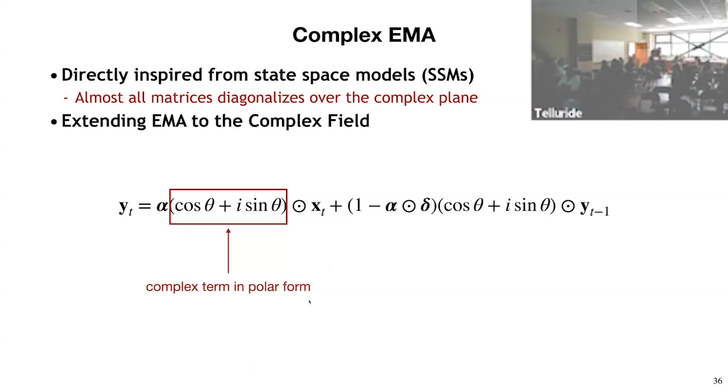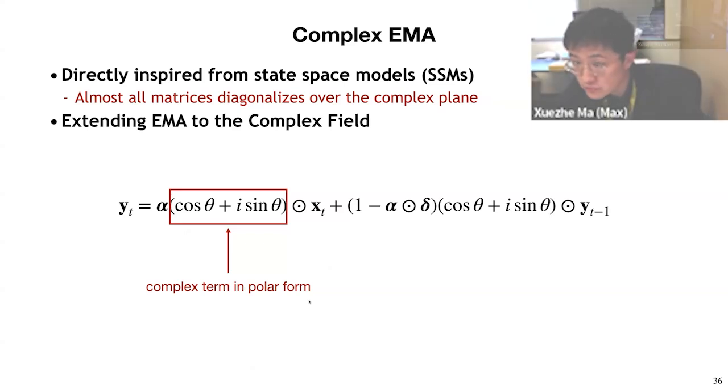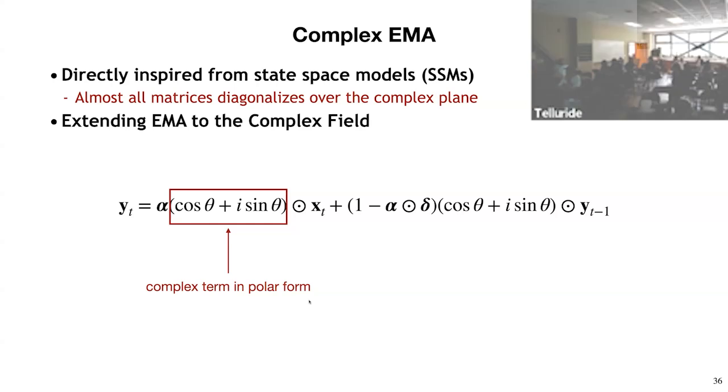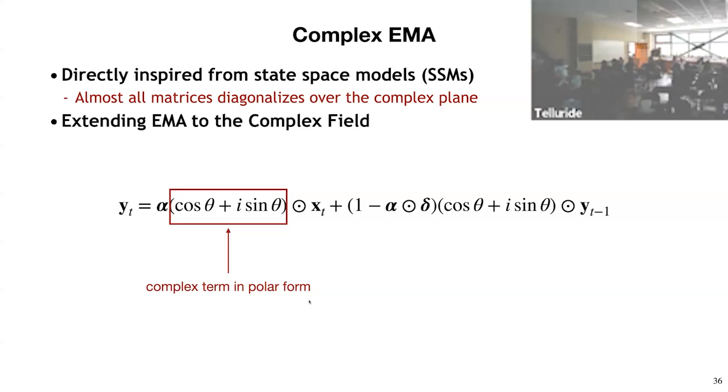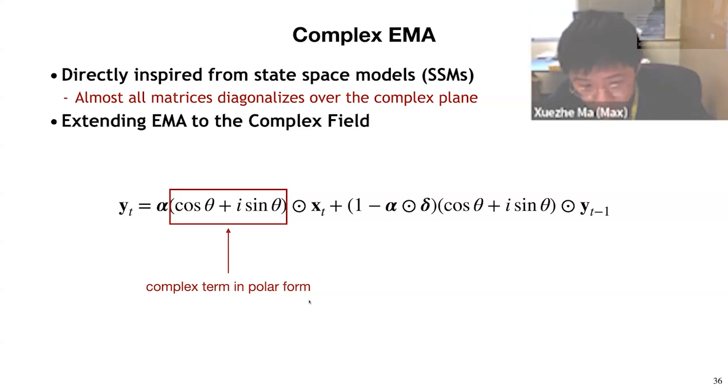Can you say anything about the geometry of the space that your X's live in? Do your X's live on any particular manifold, or are they randomly projected, learned? What is that structure like? You mean which part of the structure? The input to the EMA layer. Token embeddings?